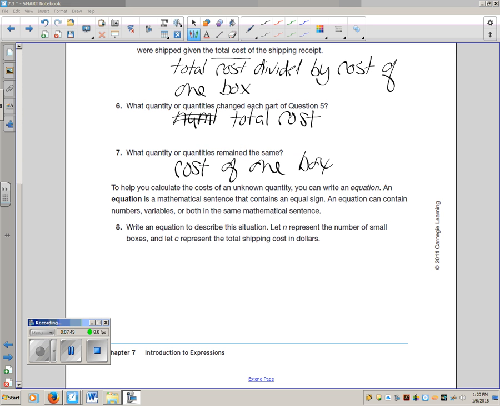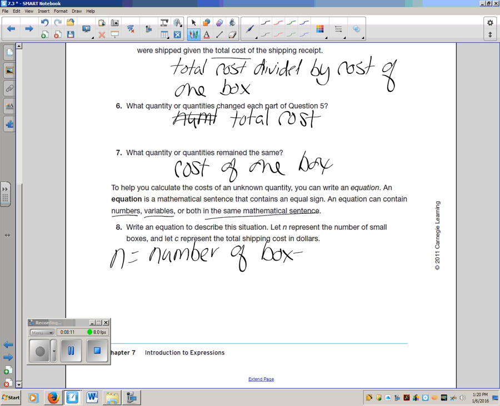To help you calculate the cost of an unknown quantity, you can write an equation. An equation can contain numbers, variables, or both in the sentence. Write an equation to describe the situation. N represents the number of small boxes. C is the cost.